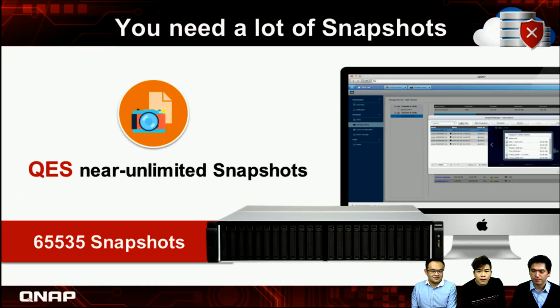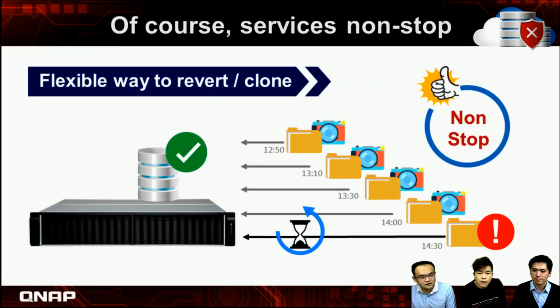Oh, sorry, wrong page. Okay, we already mentioned many times in the previous slide that for enterprise usage, the business service cannot stop no matter what happened. So snapshot revert or clone cannot stop service either.